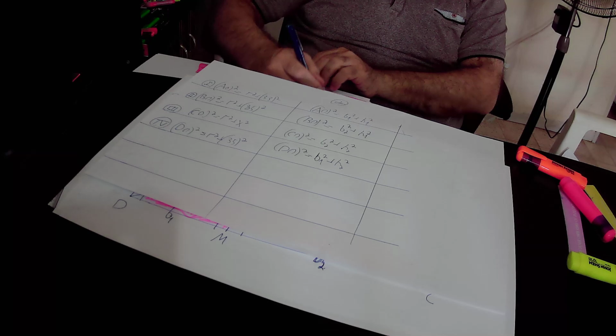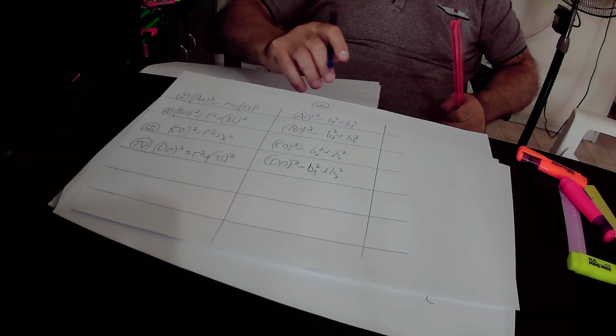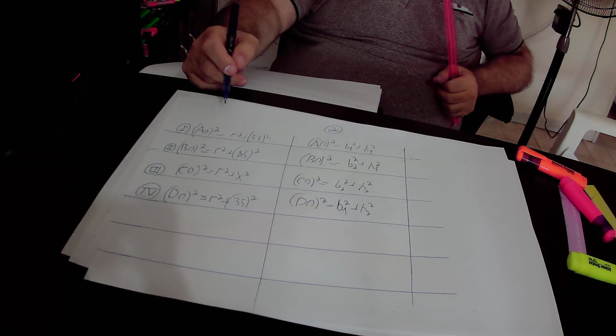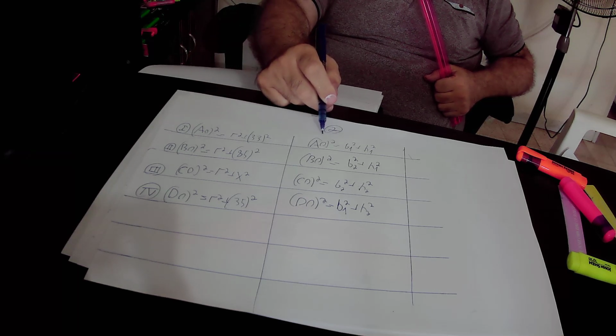So the first equation that we'll create states that A whole square, according to the first equation, must be equal to A whole square according to the second equation.